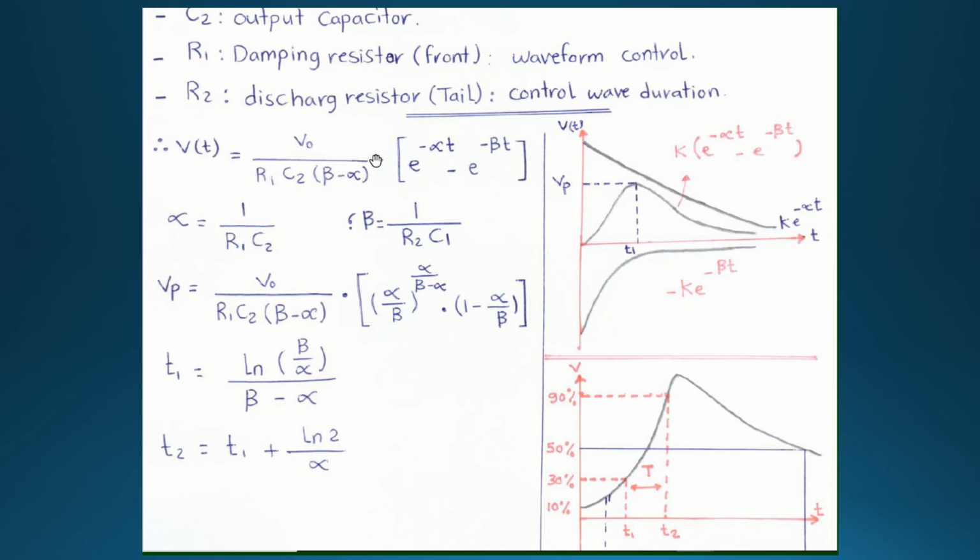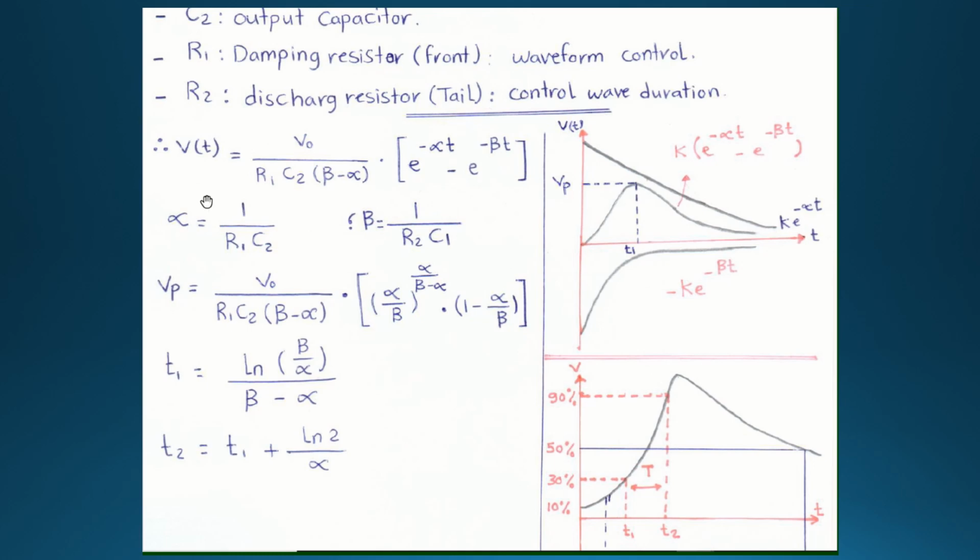And here we will multiply this by e to the power minus alpha t minus e to the power minus beta t. Okay, this is what the formula will look like.